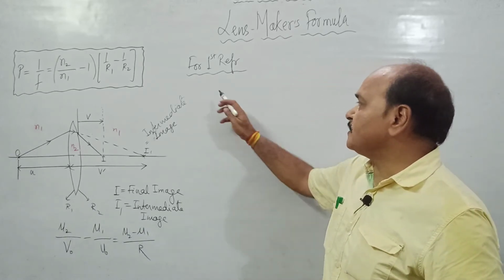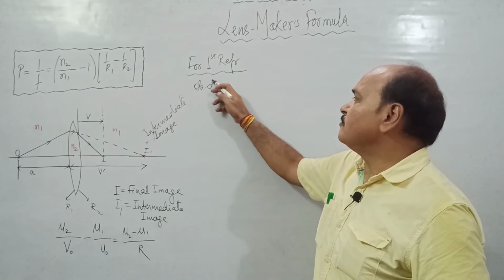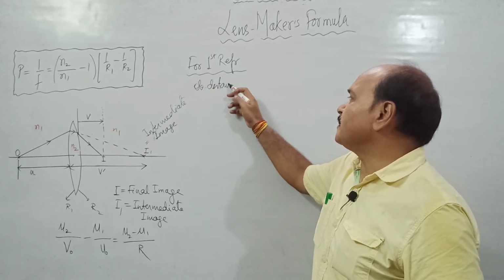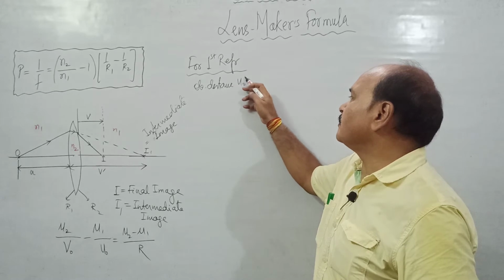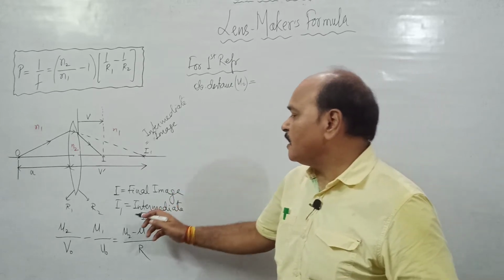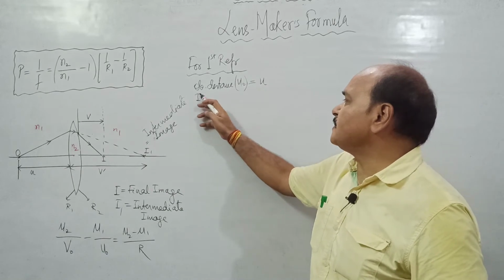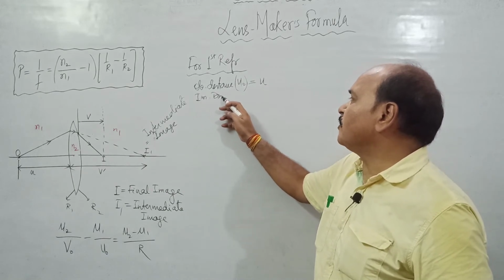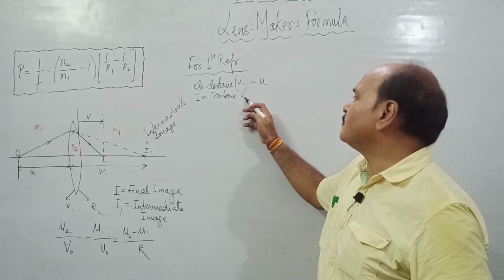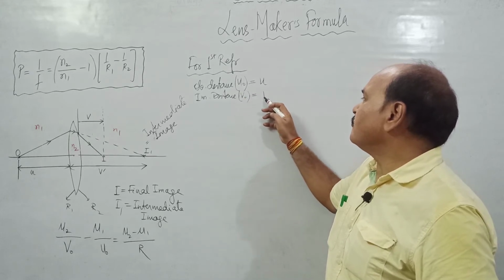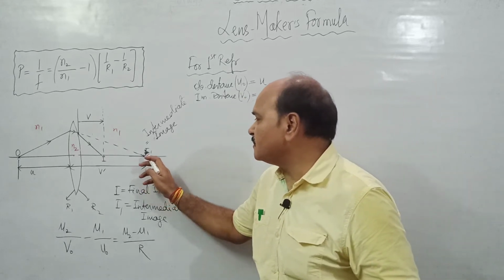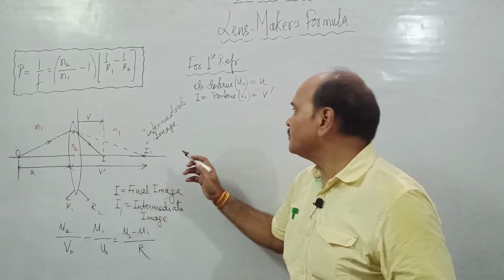So for the first refraction, what is the object distance? This object distance is going to be u. The image distance v0 is going to be v dash. This is the object, this is its image.